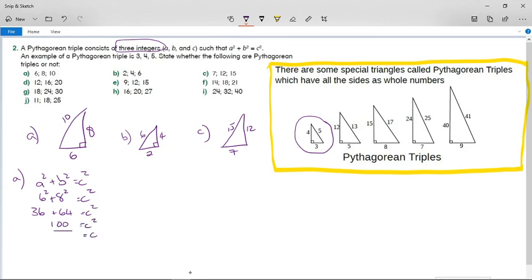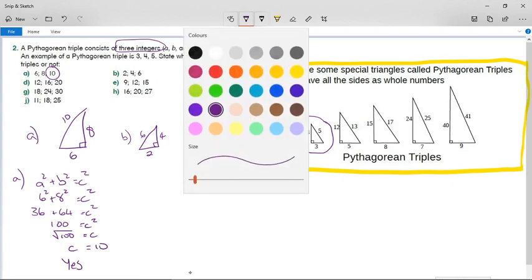So c must be the square root of 100. Remember inverse operations. So c equals 10, and that is what they told you in the question. So 6, 8, and 10 are all whole numbers, and they agree with Pythagoras' theorem. So yes, this is a Pythagorean triple.